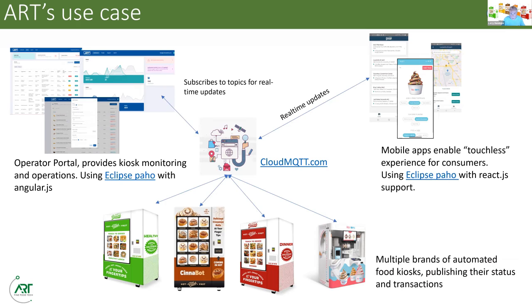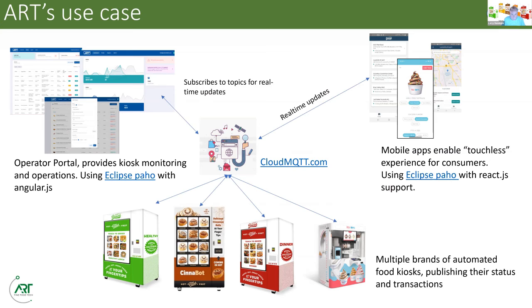And then we have two categories of client apps. We have mobile apps that we're showing on the right, and we have a web-based website that we call Operator Portal that we're showing on the left. In the case of the mobile app, the leftmost screenshot is showing a list of kiosks. You tap into a kiosk, which subscribes the mobile app to topics that will be used to populate the inventory, the prices, and other aspects of the visual that you see there.